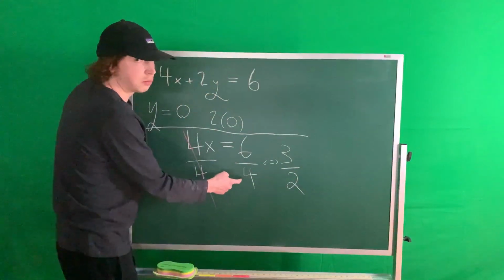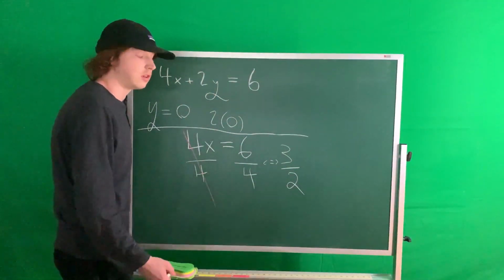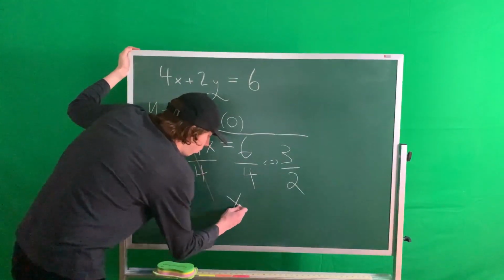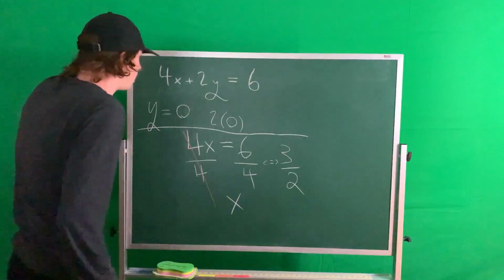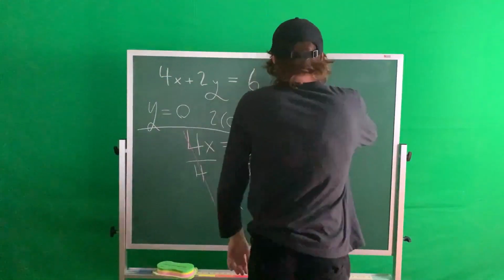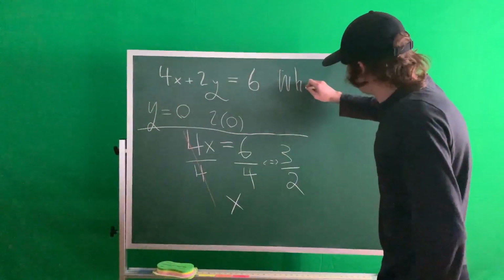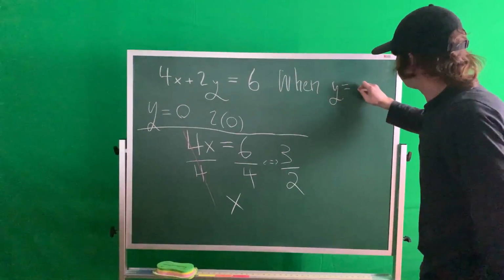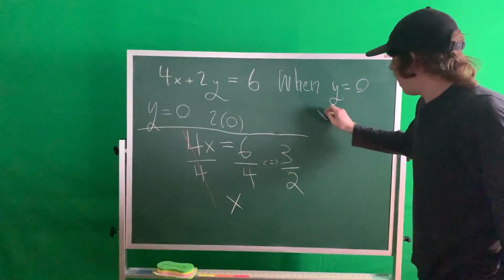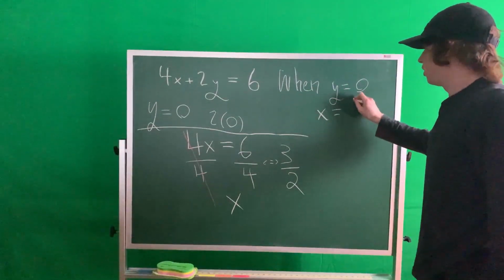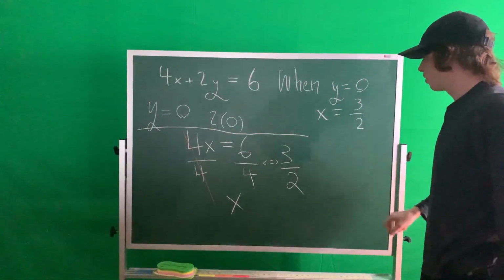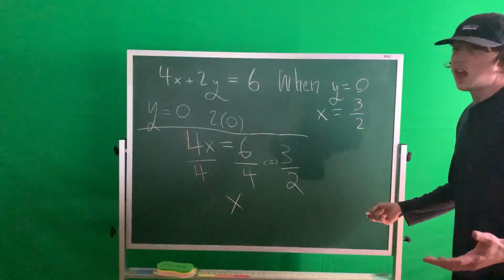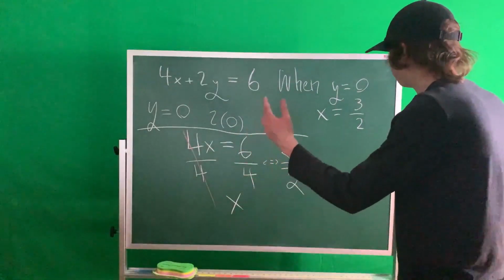So we now know that when y is equal to 0, x is equal to 3 halves, or 3 divided by 2, or 1.5, and so on and so forth.